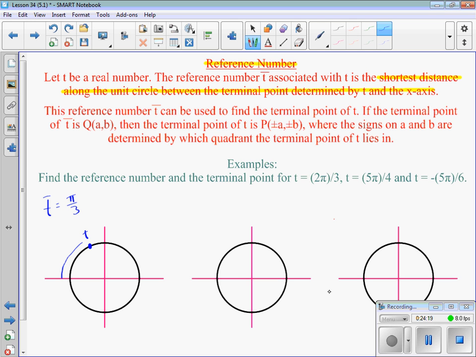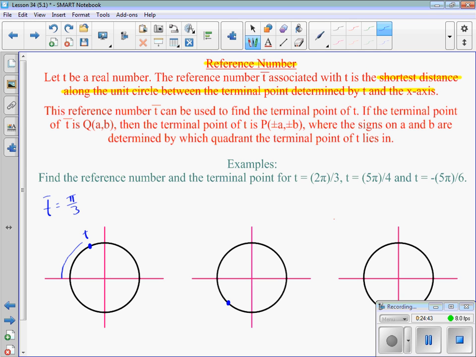Sure. Or let's try this one, and then if I need to, I'll go back. So let's try this one doing the reference number. So I've got 5 pi over 4. Okay, 5 pi over 4, where's 5 pi over 4 located? In the third quadrant. So where in the third quadrant? Halfway.